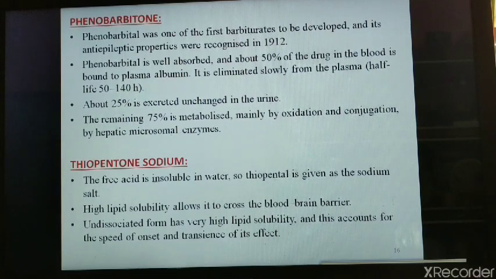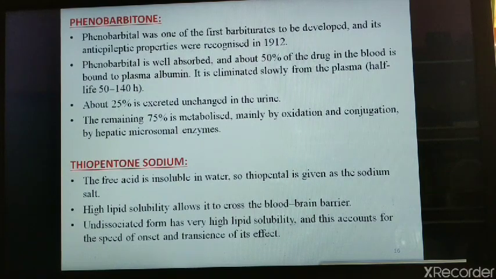Half-life of the drug is 50 to 140 hours, and that is why it is a long-acting barbiturate. 25% is excreted unchanged in urine, and the rest 75% is metabolized mainly by oxidation and conjugation reactions.